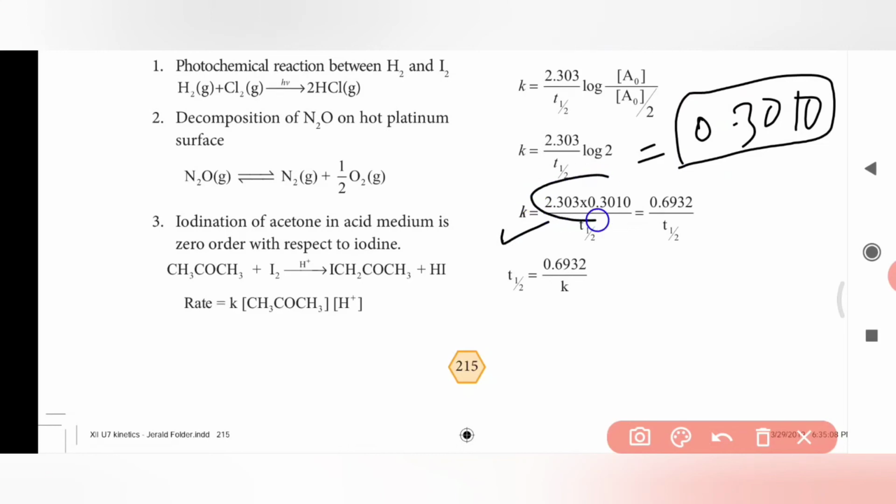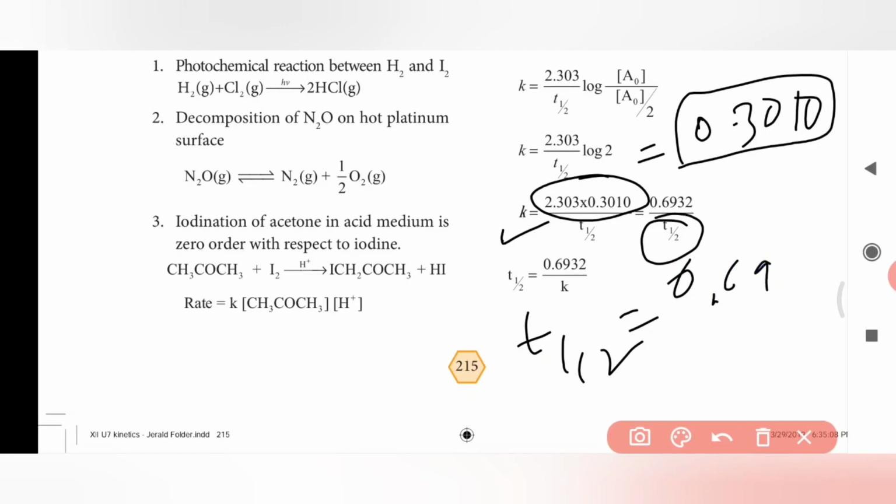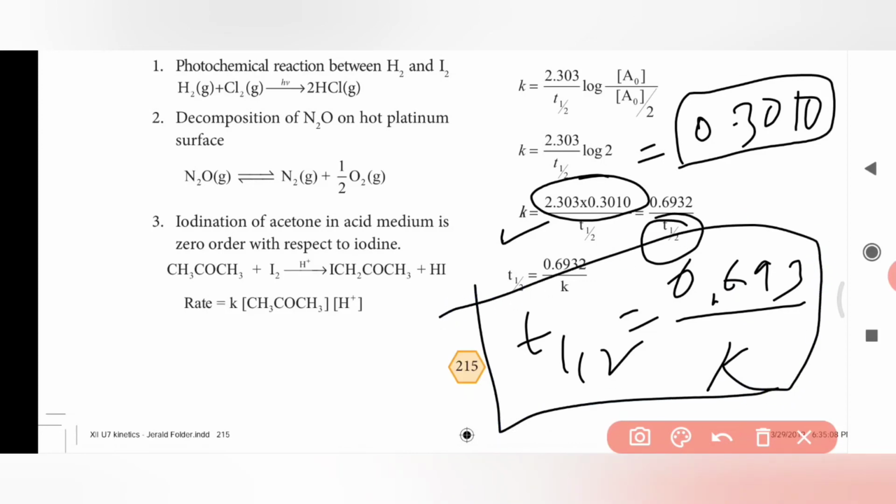After the multiplication, we get 0.693 divided by t half. If we bring t half to the left hand side and K to the right hand side, we get t half equal to 0.693 divided by K, which is the half-life period for a first order reaction.